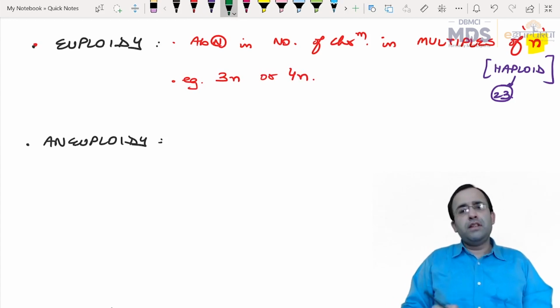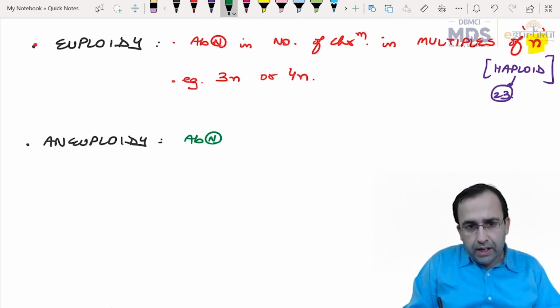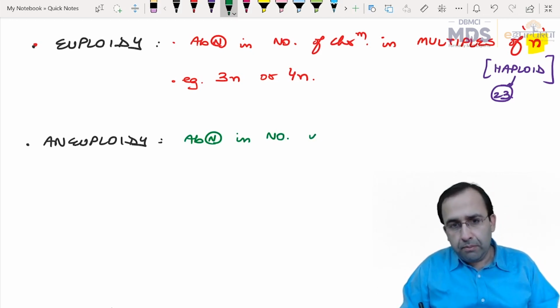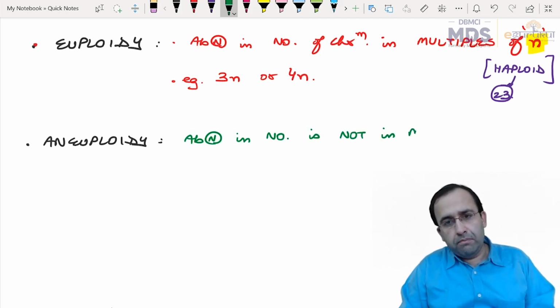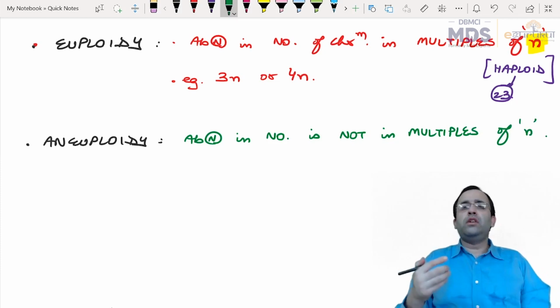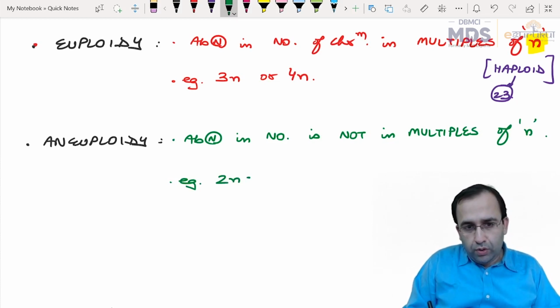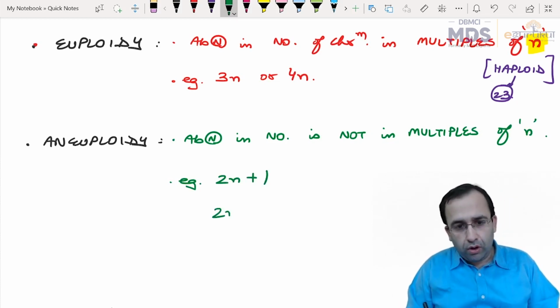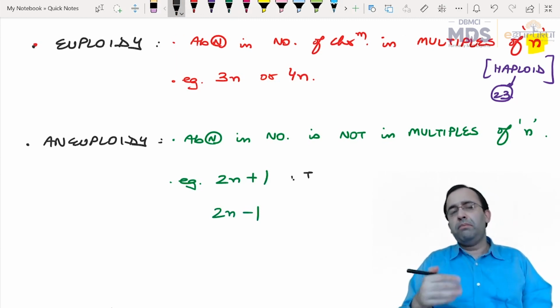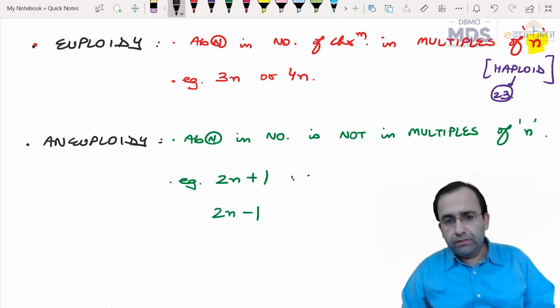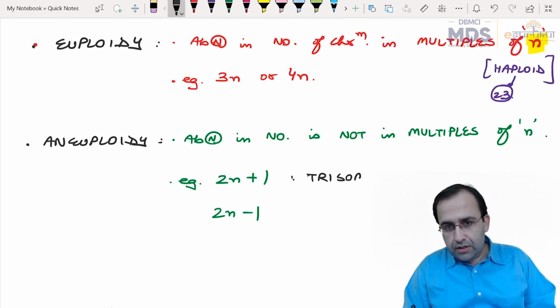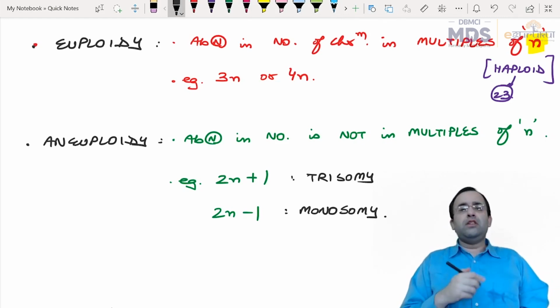Versus aneuploidy, where the abnormality in number of chromosomes is not in multiples of N. Examples are 2N plus 1 or 2N minus 1. 2N plus 1 is called trisomy, versus 2N minus 1, that is monosomy.